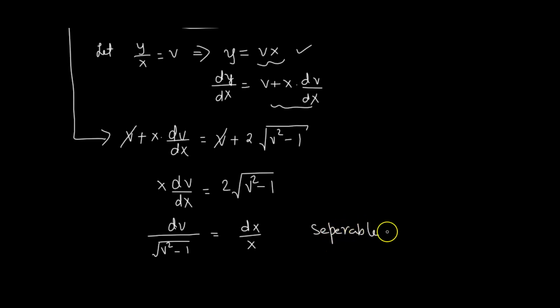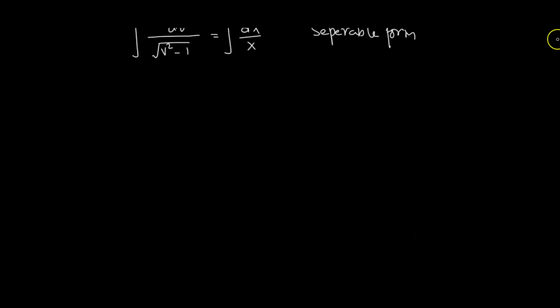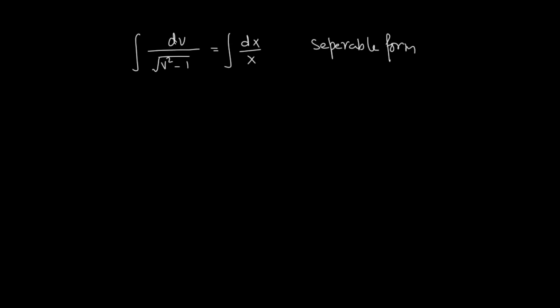Since this is a separable form, now we can integrate both sides. So let's integrate these two integrals. Now to integrate dv over square root of v squared minus 1, we are going to take the help of the integral of dx divided by square root of x squared minus a squared from the table of integrals.